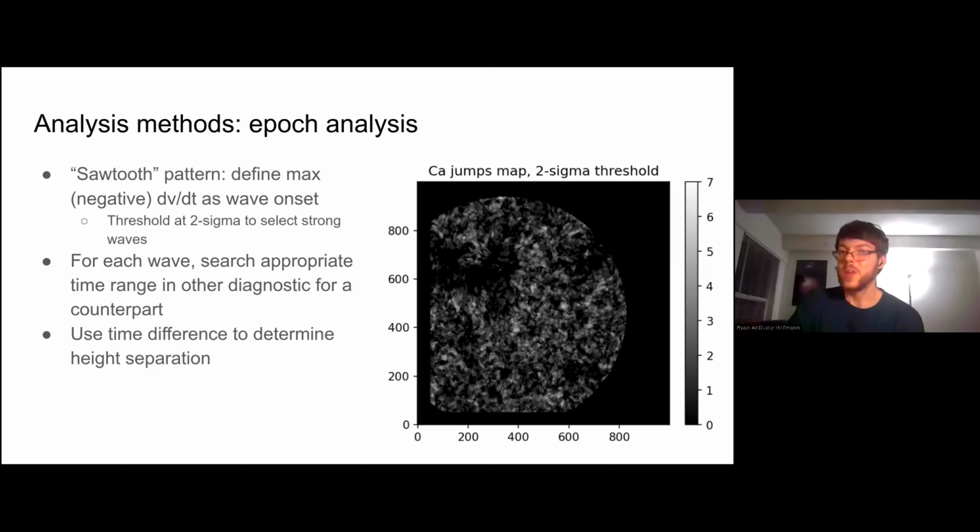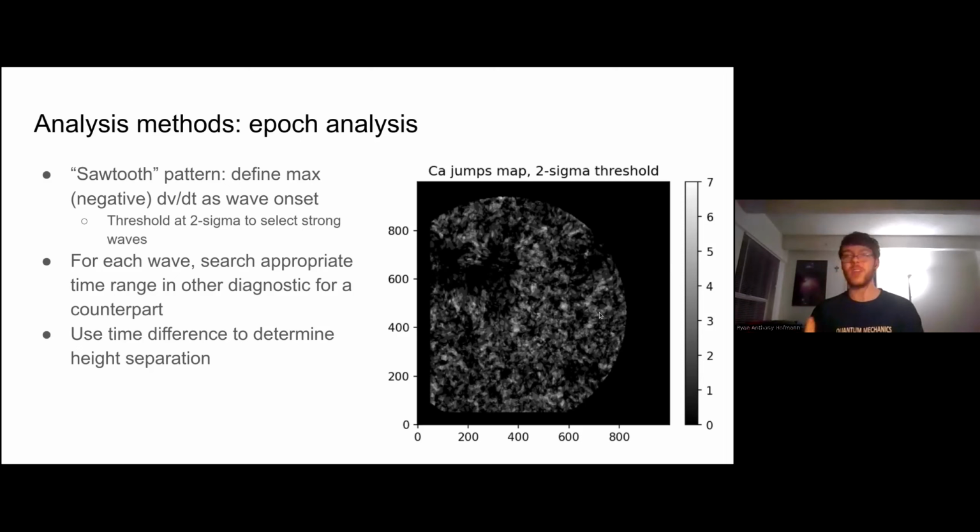So we identify all of these waves in the calcium velocity signatures, and you can see their distribution here. Like I suggested before, you don't really see much of any of them in the actual network regions. They're mostly concentrated in the quiet areas, and they have this sort of modeled distribution.